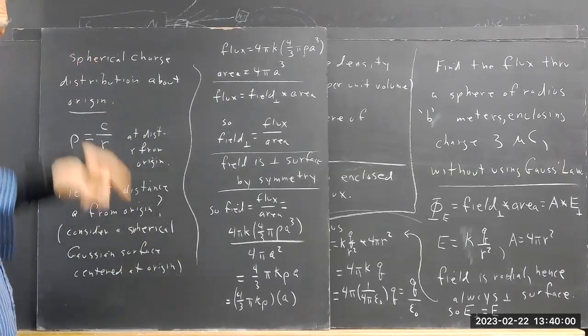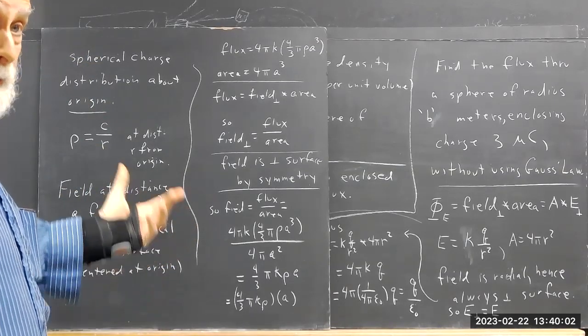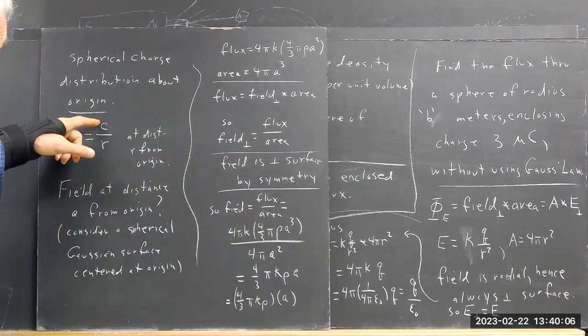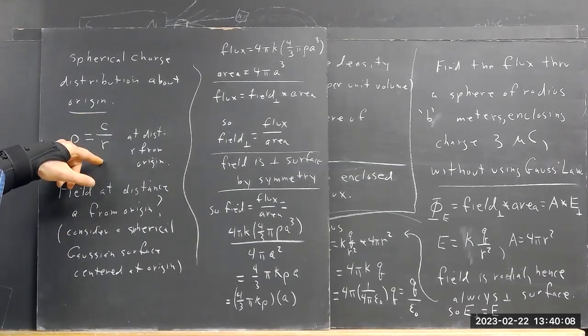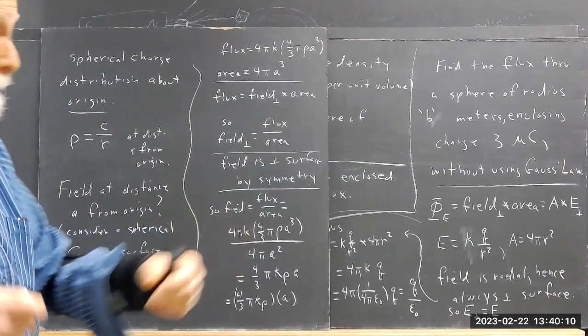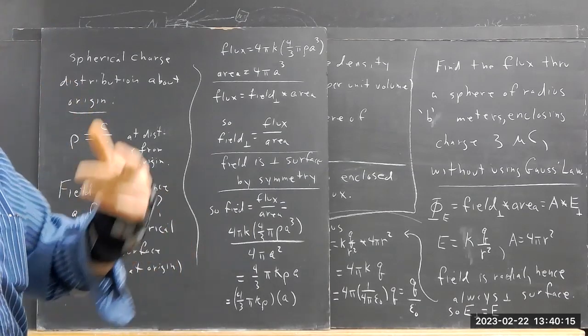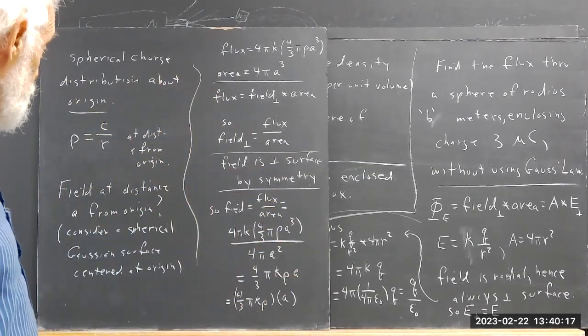So c is going to be a constant. It could be any constant. So the density is inversely proportional to the distance from the origin.